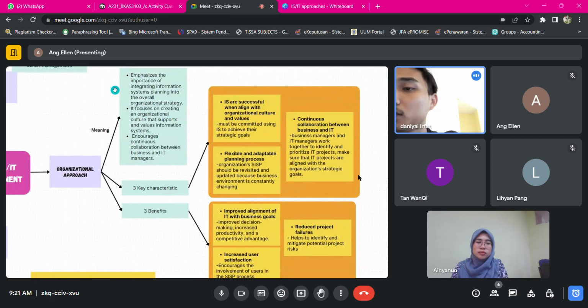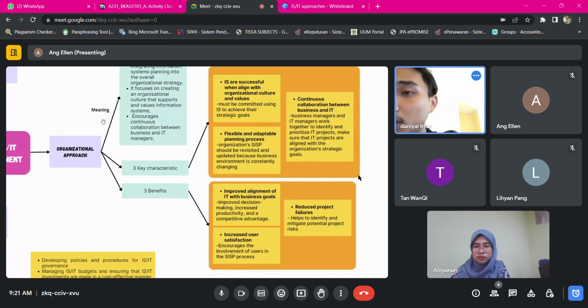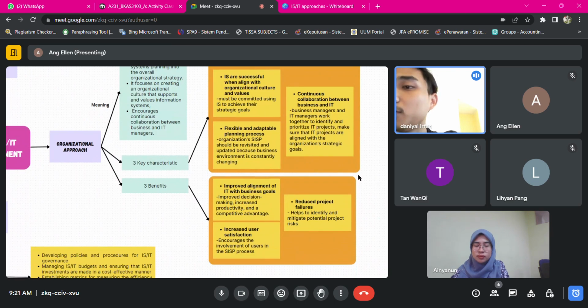And then they can increase user satisfaction, because they involve the users in the SISP process. And the last benefit is they can reduce project failure, as they can help to identify and mitigate potential project risks.